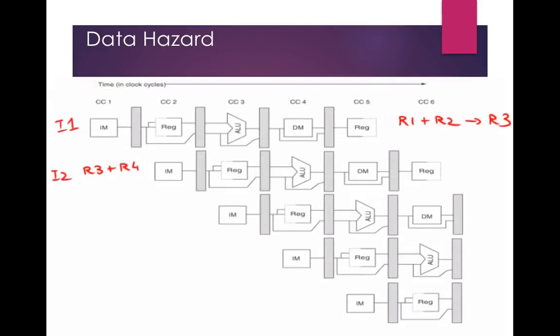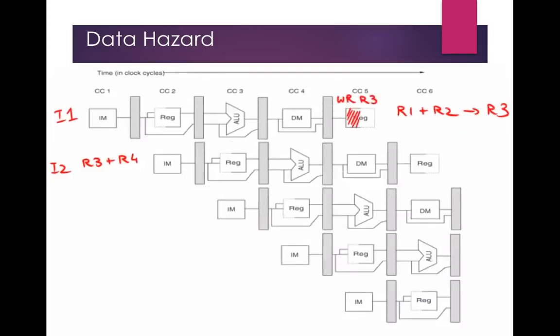When you see instruction 2, here we use two registers, R3 and R4. We are going to give the input R3 and R4 at clock cycle 4 for the second instruction, but we get the result of the first instruction in R3 only at clock cycle CC5. So that leads to a hazard.